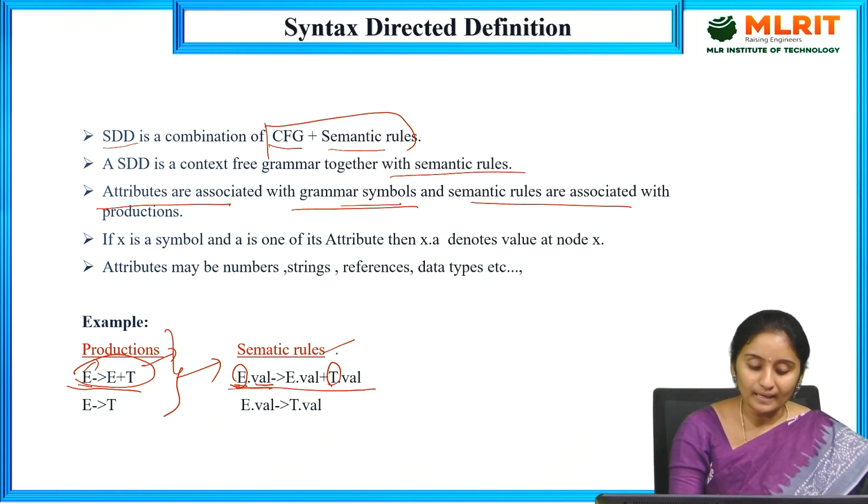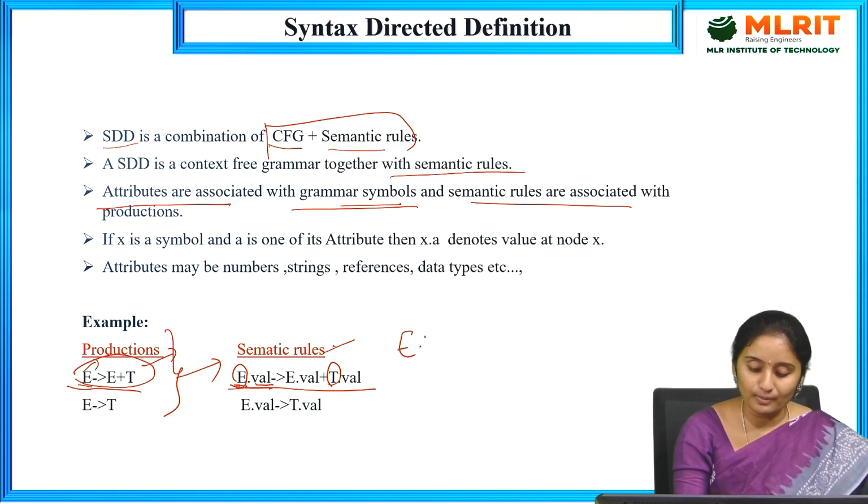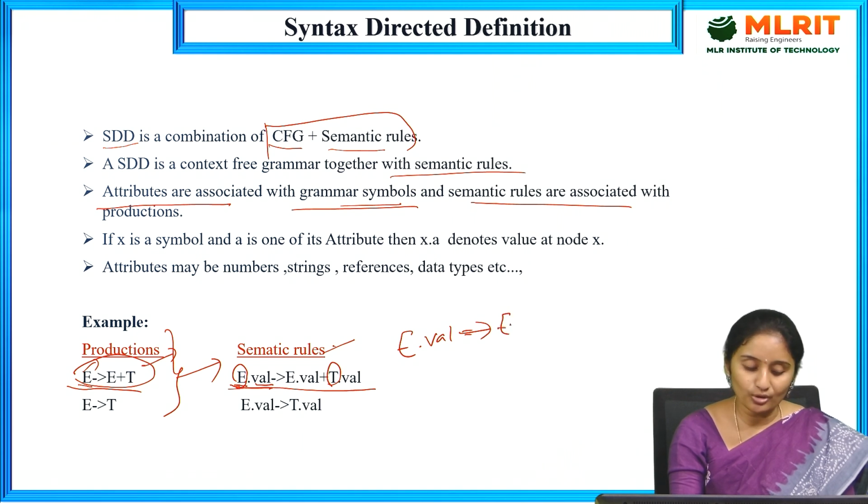We frame the semantic rules with the productions only. So the first production is E produces E plus T. E is a grammar symbol, and I associate it with some attributes: E dot val produces E dot val plus T dot val.